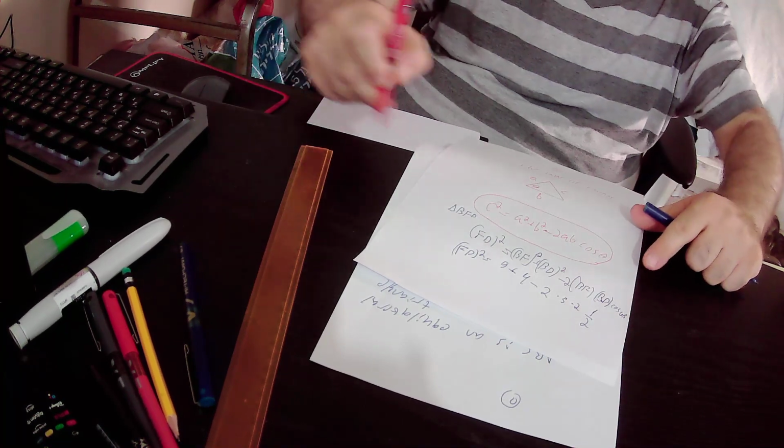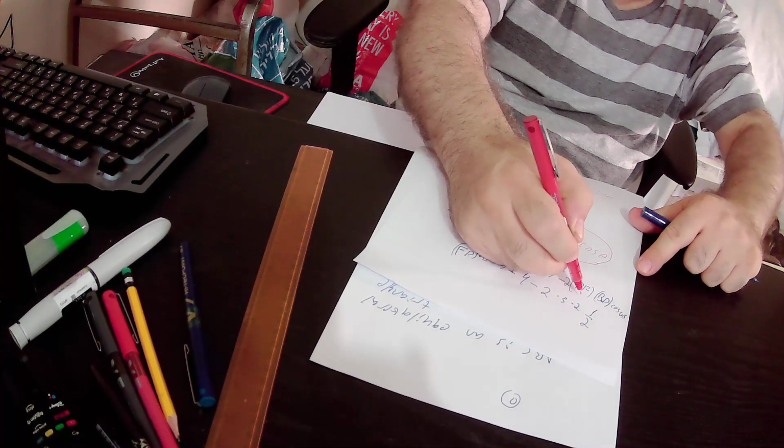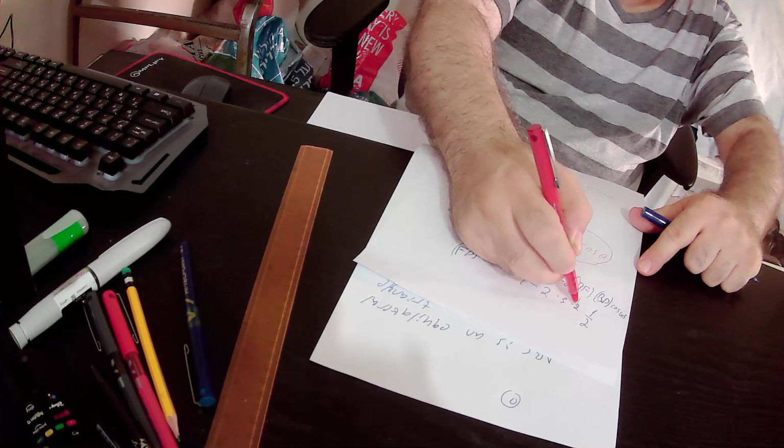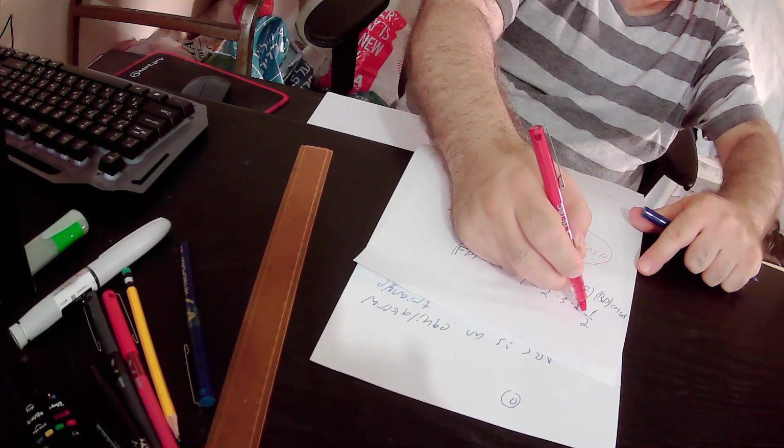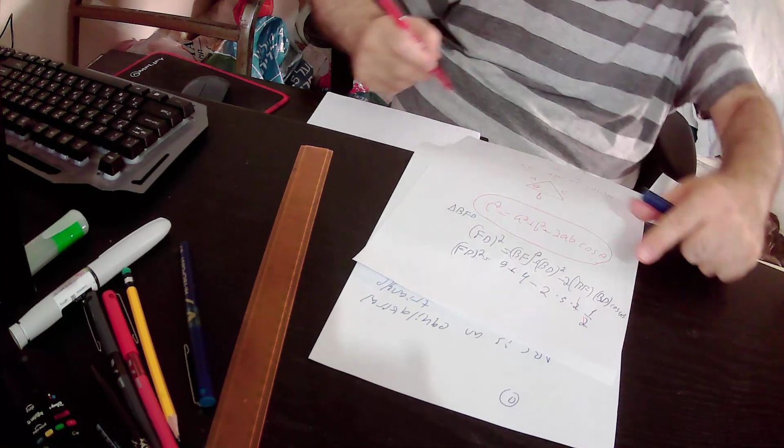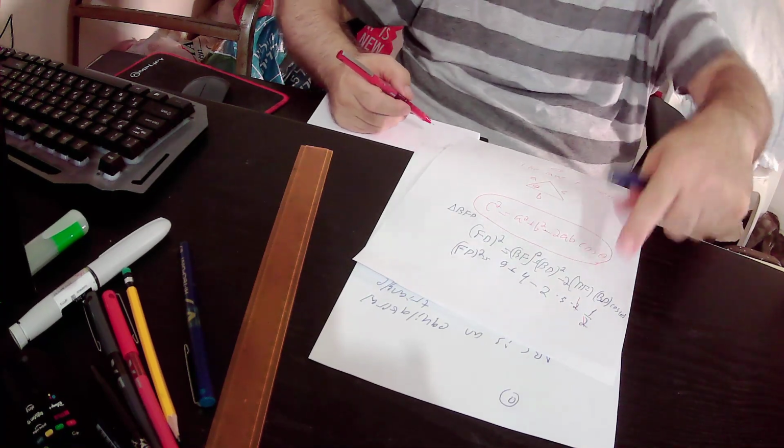Here we can cancel 2 because we have 2 in the numerator and in the denominator, so 2 is cancelled.